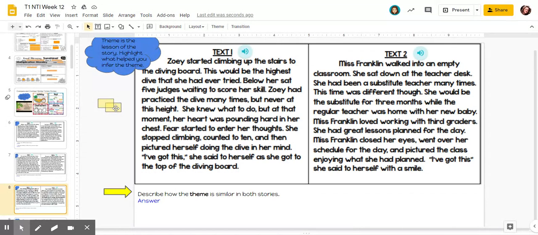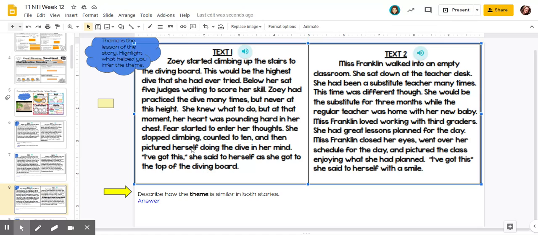So whatever text clues, whatever you read that helps you understand what the theme of the story is, you're going to highlight with this yellow rectangle here. And remember, you can drag and drop it wherever you want. You can grab the green square and make it larger.